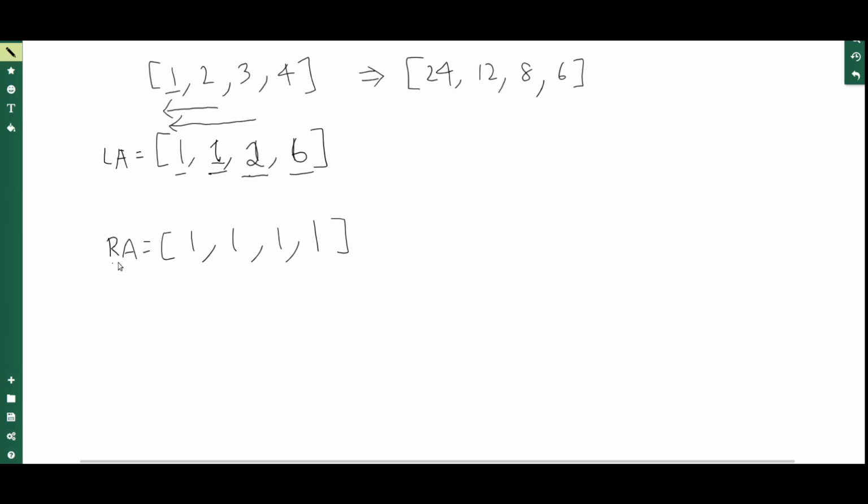And as you might guess, RA is going from right to left instead of left to right. So if we go from right to left, we have 4, and then this would be 3 times 4, so 12, and then this would be 24.